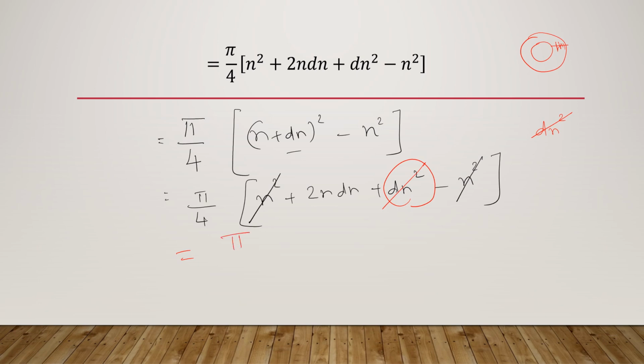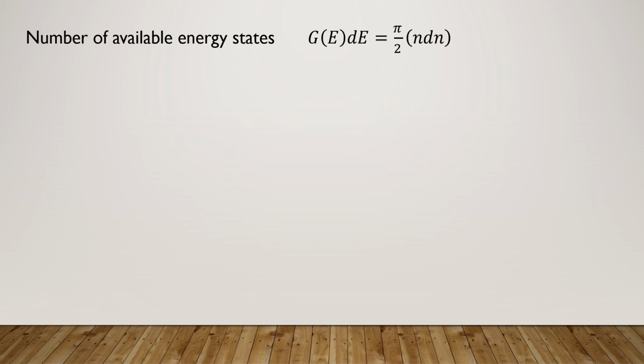Thereby we get pi by 4 into 2n dn, and after cancellation we get pi by 2 n dn. Let this be equation number 1.